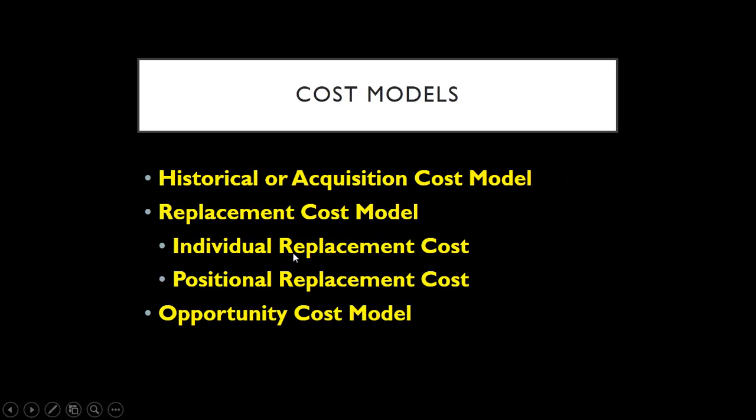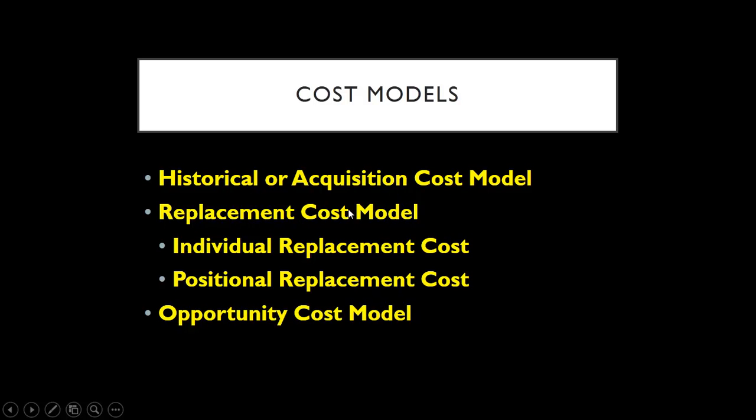In case of cost models, all we try to do is take the historical or acquisition cost of acquiring a human resource, for recruitment and training, and amortize that cost over a period. That is the historical cost.